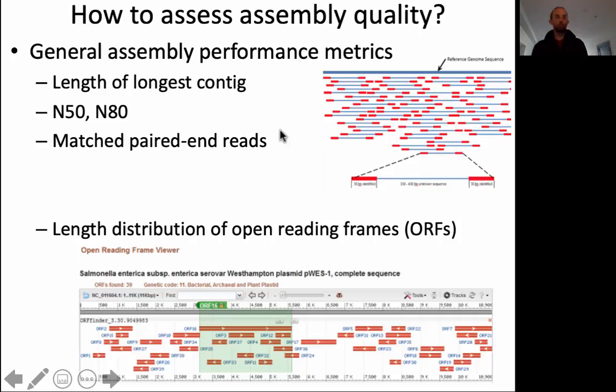So then there are also some other measures, for example, the percentage of paired end reads that are matched when you map them back to the assembly.